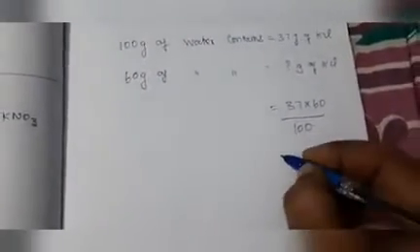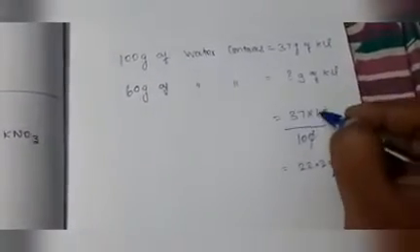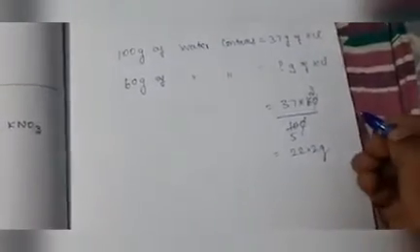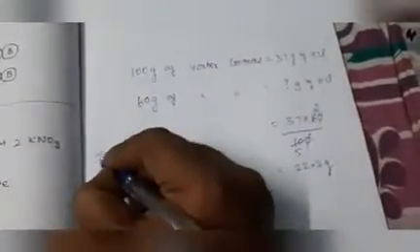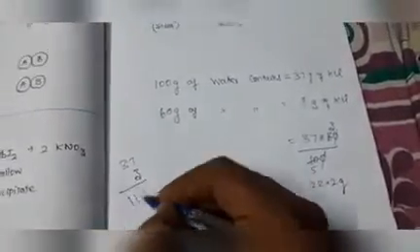If you simplify this you will get 22.2 grams. That means 0 cancels, 3 2s are 6, 5 2s are 10, 37 into 3 is 111, 111 by 5.